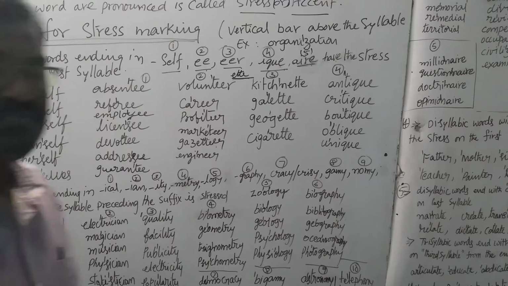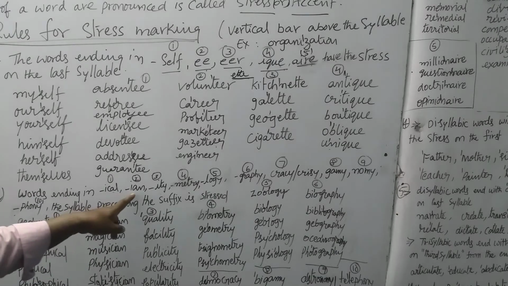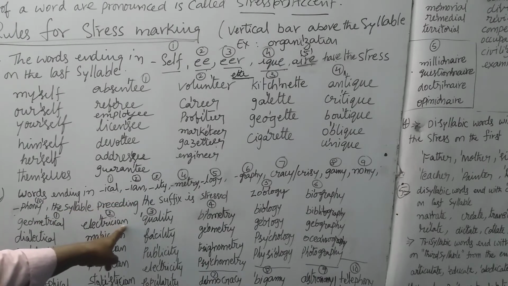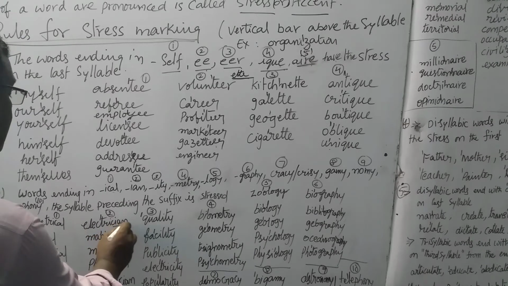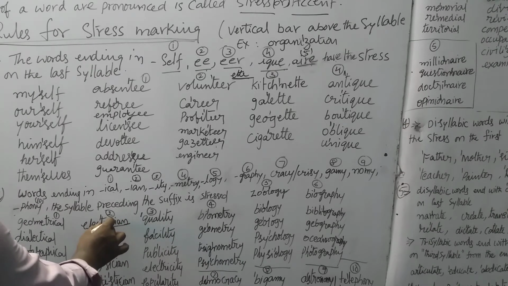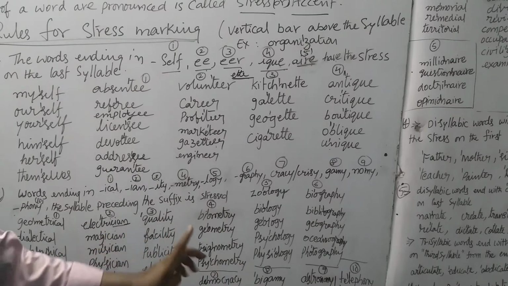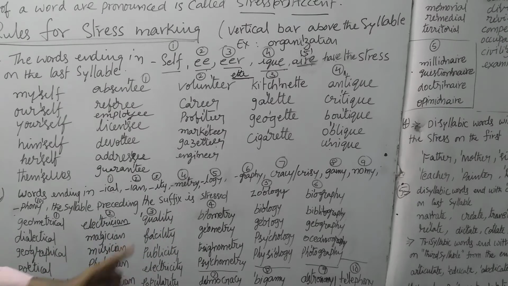Now, the second one: electrician. My dear students, what is the -ian? -ian here means -cian, the last syllable. This is called the suffix, and we have to stress the syllable before it. Electrician: shan is the suffix. -ian is part of the syllable -cian, so total -cian we treat as a suffix.